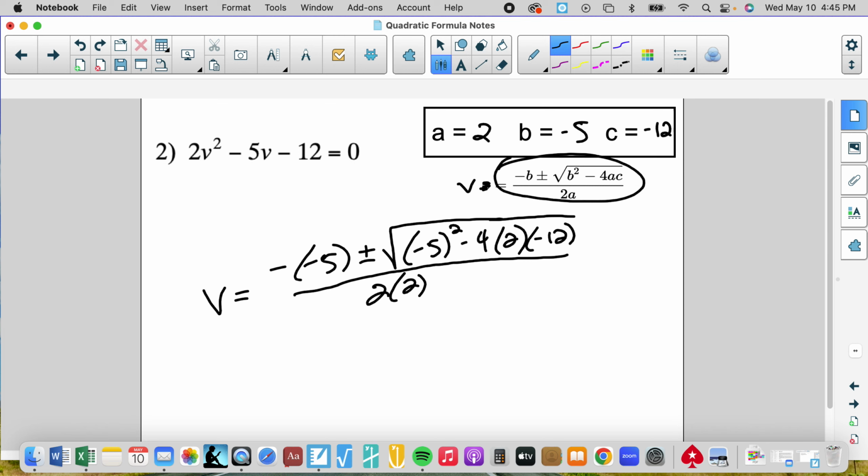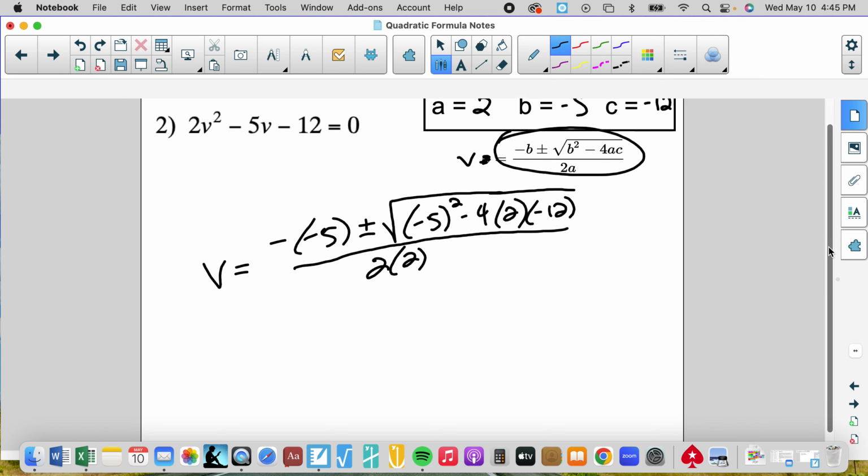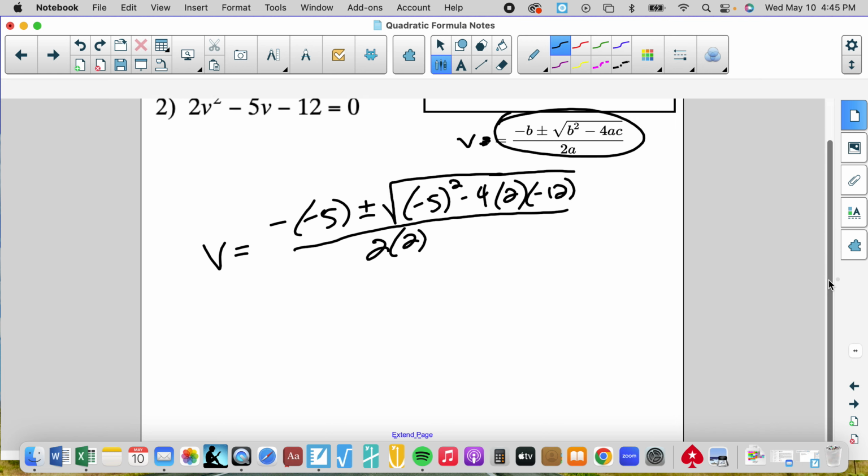All I'm doing is plugging in the b's, the a's, the c's, and the a. That's where I'm getting this from. Okay, so it's not just coming out of ether, it's coming out from that. So we have the opposite of negative 5, which is 5, plus or minus the square root. Negative 5 squared is 25.